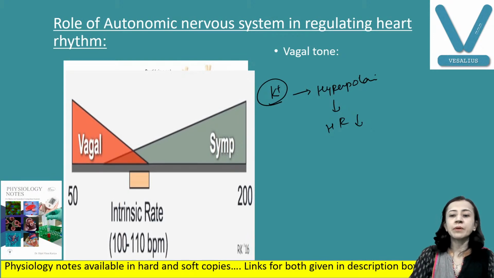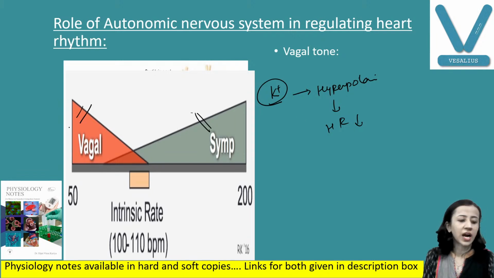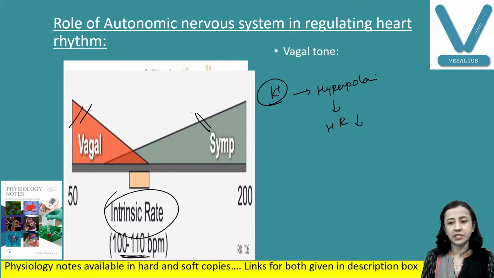Now how can it be proven? Suppose you have an experimental heart, in frog or any other animal, and we cut the vagus as well as the sympathetic supply to the heart, what happens? We get the intrinsic rate of the heart. And what is the intrinsic rate? That is 100 to 110 beats per minute.